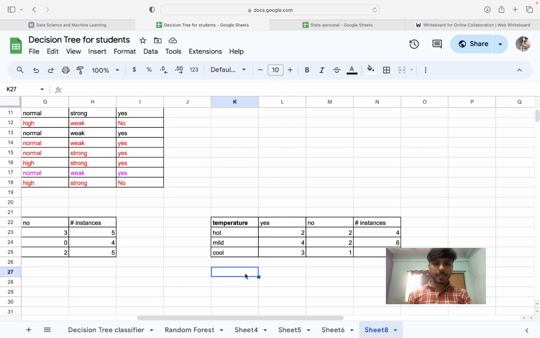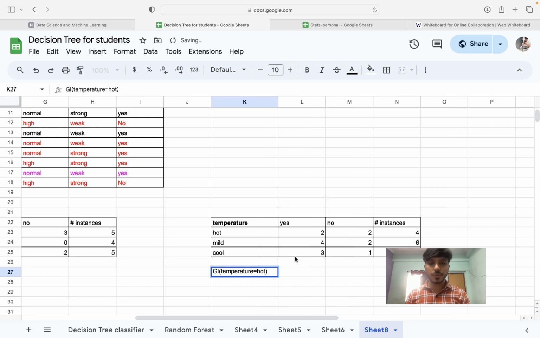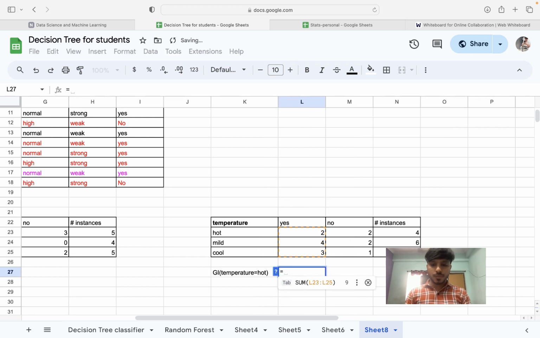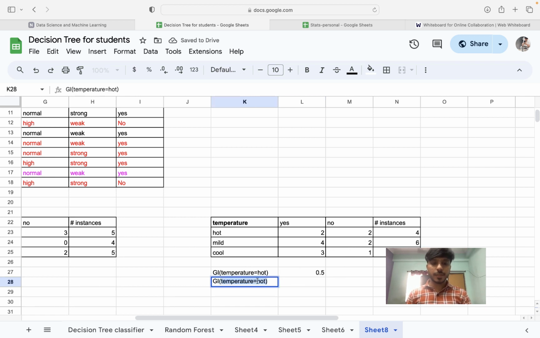So let us again calculate the Gini impurity of temperature: when it is hot, individual Gini impurities, and then the weighted average of all of them. Again, 1 minus probability of yes out of all the instances 4, whole square, minus probability of no out of all the instances, whole square. That's my Gini impurity. Similarly, I'm going to calculate it for mild.